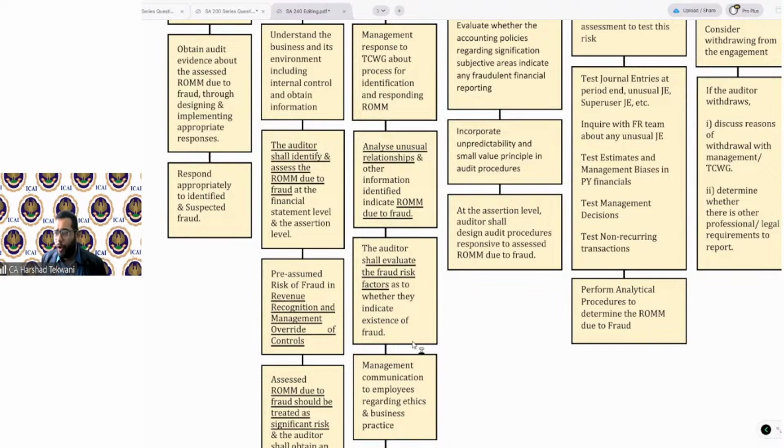Which are the fraud risk factors? Three fraud risk factors, remember? Which are the three fraud risk factors?